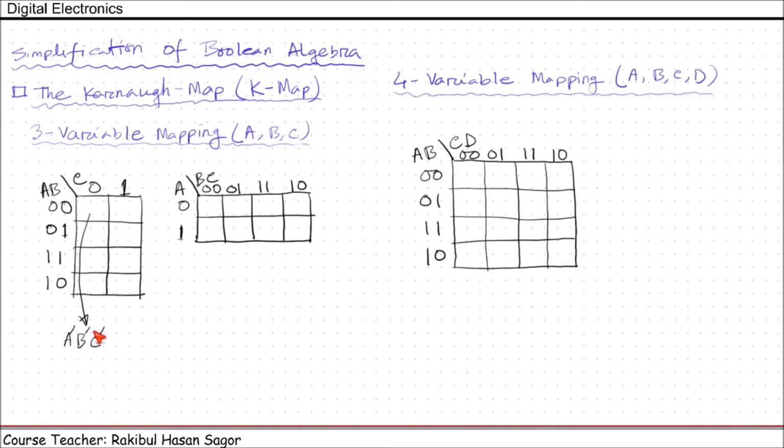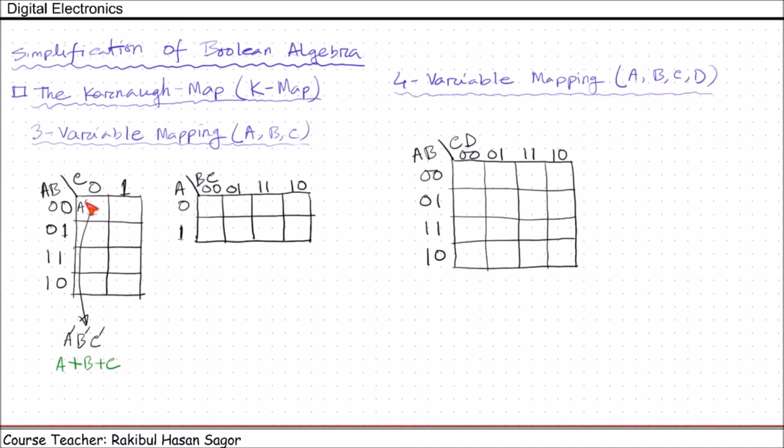Again, in terms of maxterm, when A equal to 0, B equal to 0, C equal to 0, the name of this rectangle becomes A or B or C. For the time being, we'll represent all the names in terms of minterms. Later on we'll go with the maxterm.